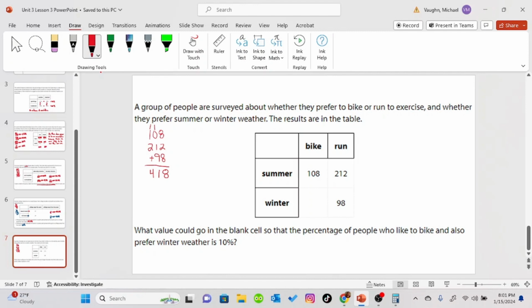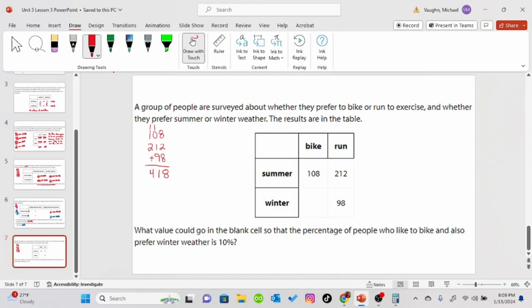And we need a number that if we put it into bike and winter would be 10% total. If they want the missing cell to account for 10%, that means they want the other 3 cells to account for 90%.